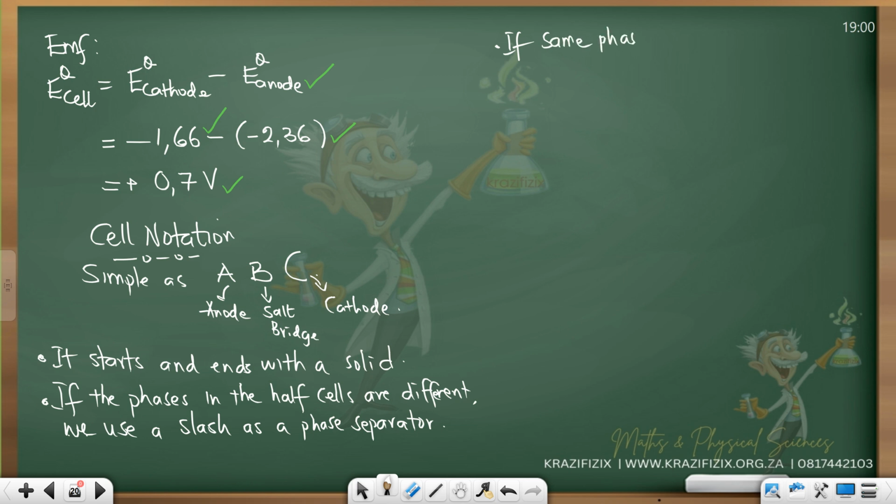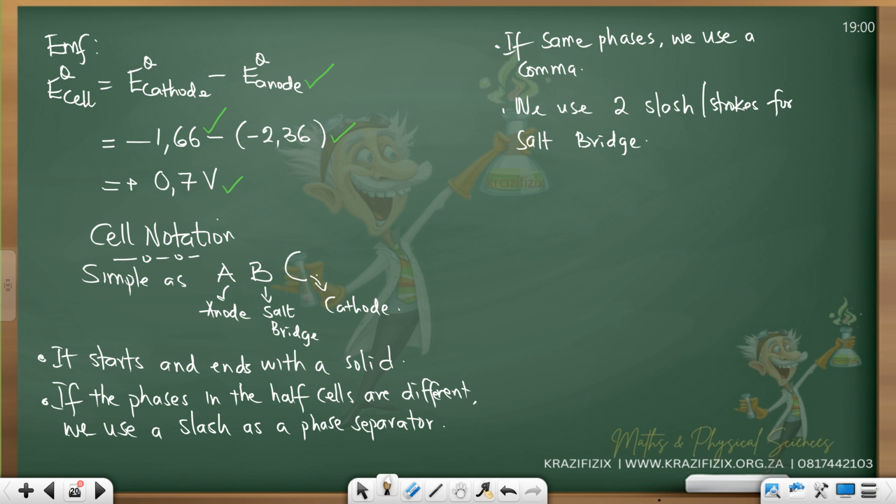I'm going to look at a case study in our next session. And we use 2 slashes, or some people say strokes, for the salt bridge. So in this case, I want us to quickly look at what my salt bridge would be.